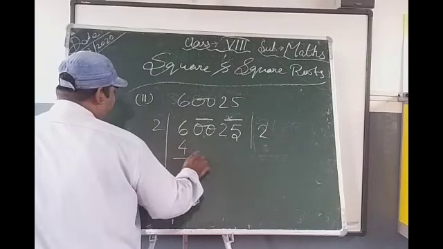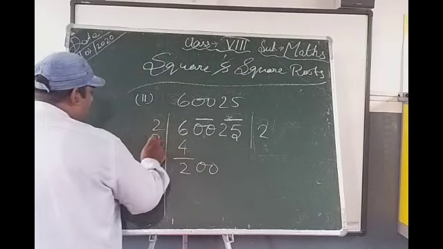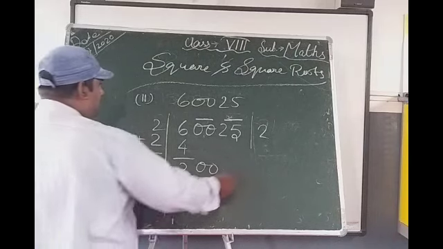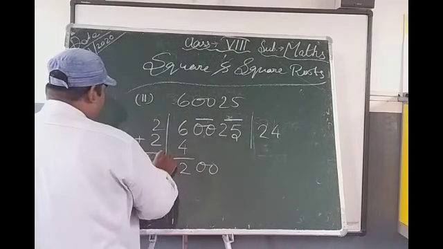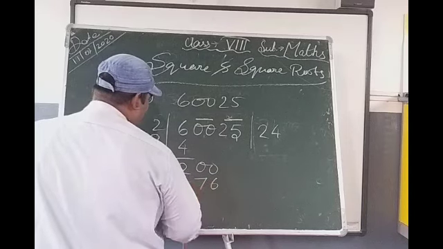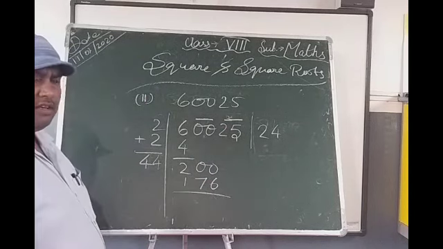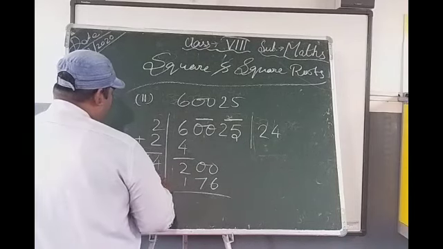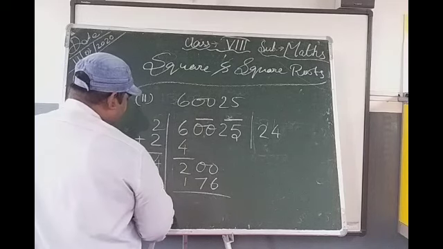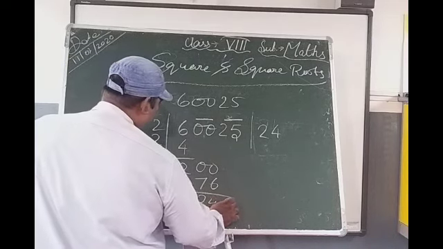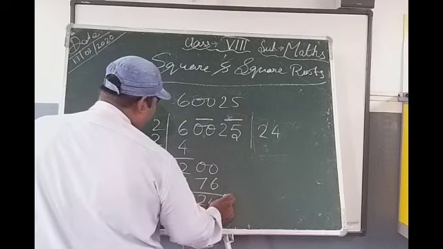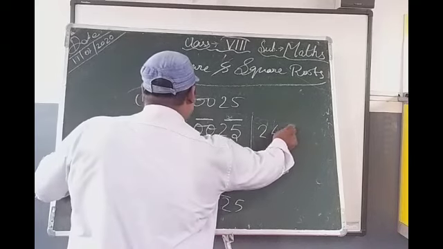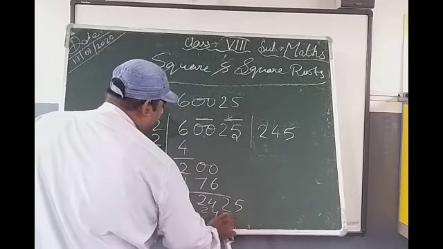Subtracting, you get 2. Now bring down 00. You add 2 and you get 4. 4 into 4 will be 44. Then 44 into 4 is 176. Subtract, then bring down the next pair 25, and after 4 you write 5, so 245 into 5 is 1225.